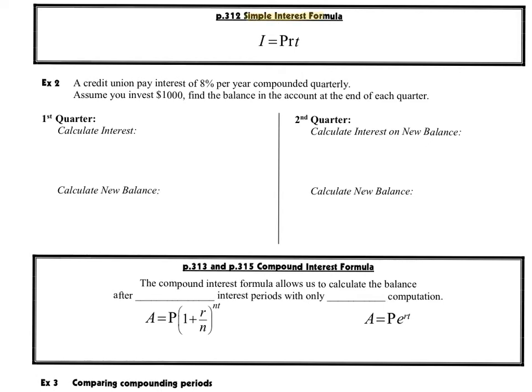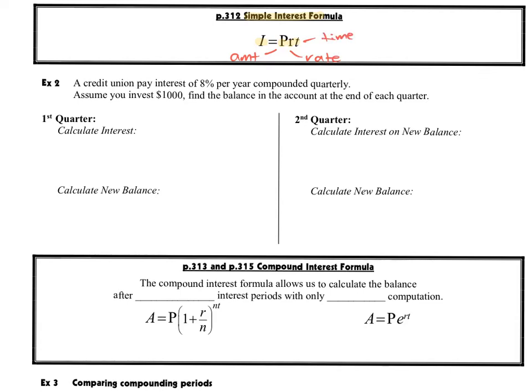And simple interest, this I, can be calculated by multiplying a principal amount times a rate times an amount of time. So if we could jot that down, we could say an amount of money and a rate and a time.